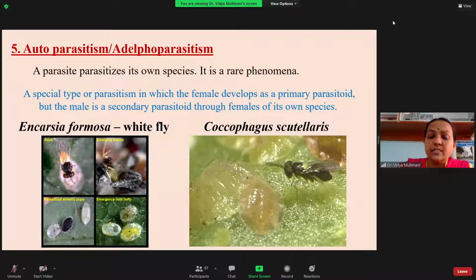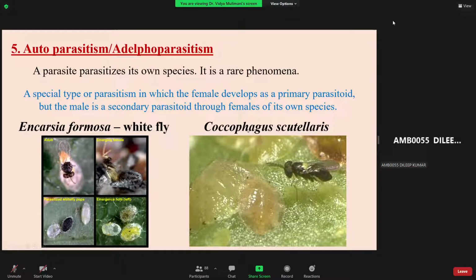What it will do is start feeding on the young ones of its own species, that is the Encarsia formosa of the one species. That is called autoparasitism or adelphoparasitism. So that is why we call the female always a primary parasitoid and the male a secondary parasitoid or the hyperparasitoid. Did you get it?